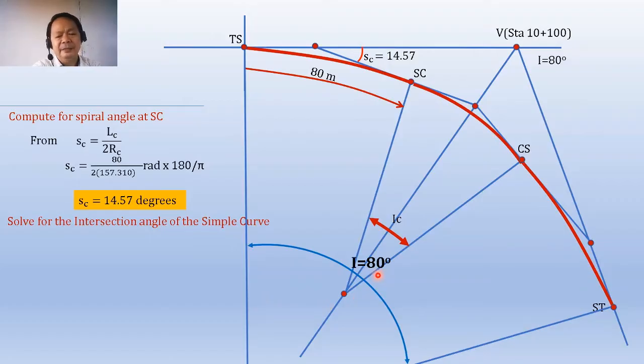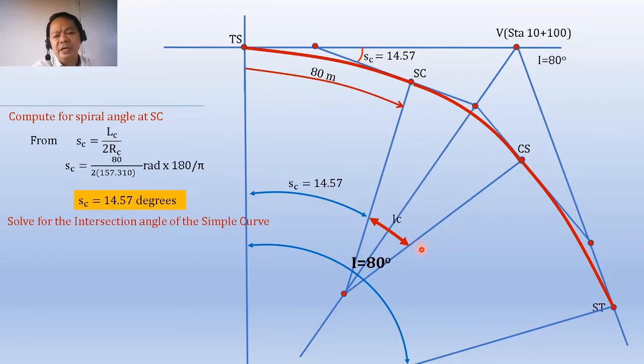Di ba? And because we have computed the spiral angle at SC, ano bang relation niyang spiral angle at SC in the spiral? Actually, this spiral angle is also this angle, the angle that is subtended by the line joining the radius of the curvature at SC and the radius of the curvature at TS. So this is our S sub C, which is already computed at 14.57.